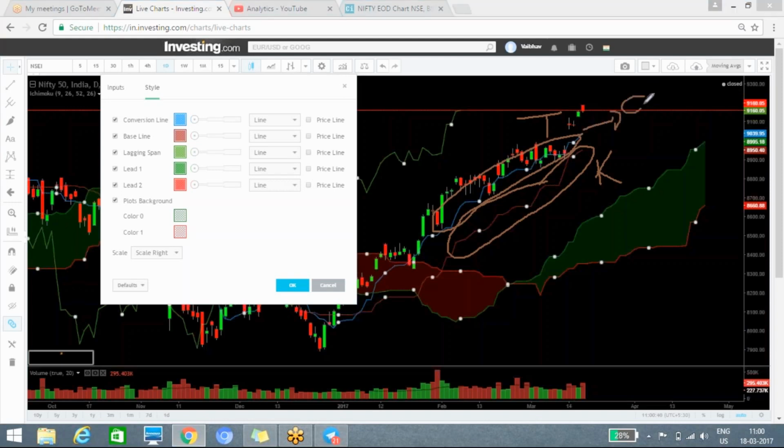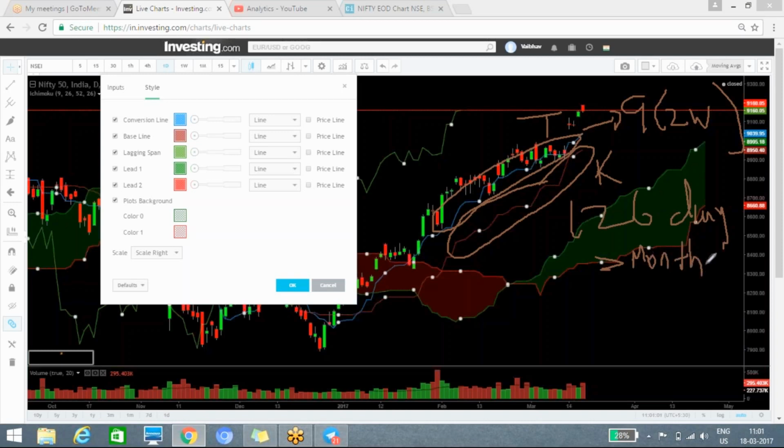This is 9 days, which is almost 2 weeks, and this is 26 days, which is more than a month. So this is the faster moving average line and this is the slower moving average line.